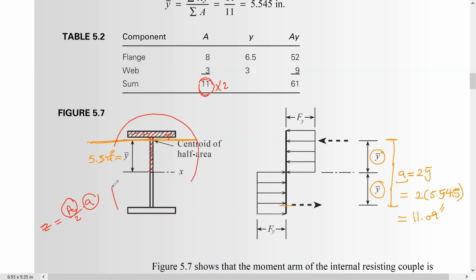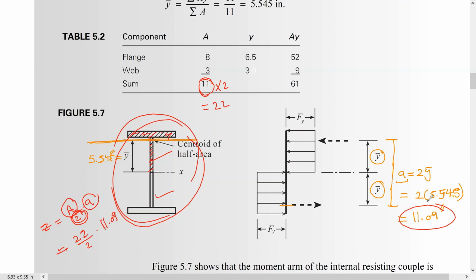But for the whole section, it is going to be 11 here and 11 here. Divided by 2, it returns to 11. But let's do it: this is 22 inch squared for the whole cross section. Divided by 2, which is this one here, times the distance a, which is 11.09. So this one is going to be 122 inch cubed. Z is in inch cubed, and this is the plastic section modulus.